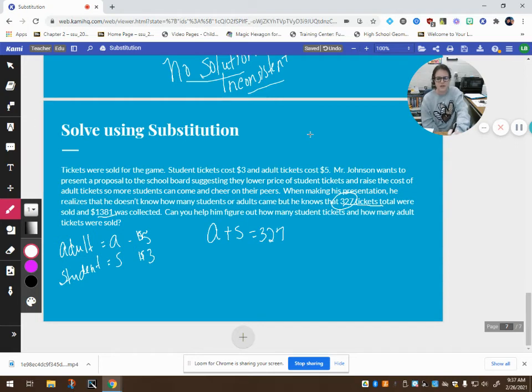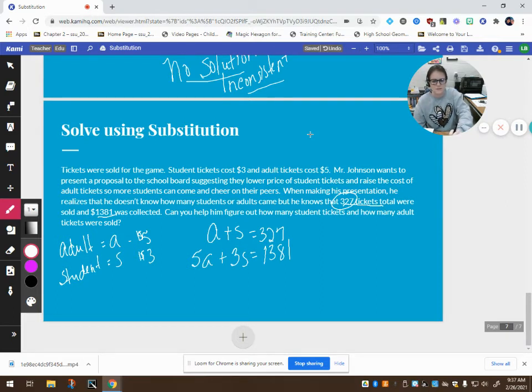So A represents the number of adults, S represents the number of students, and there were 327 total tickets sold. Okay, we also know that each adult ticket was $5. Each student ticket is $3. And they raised a total of $1,381. So we have just come up with our system.